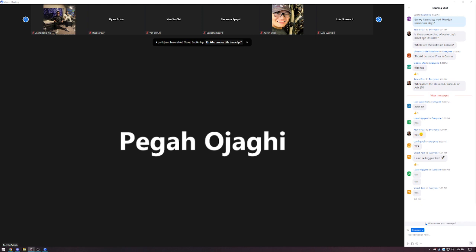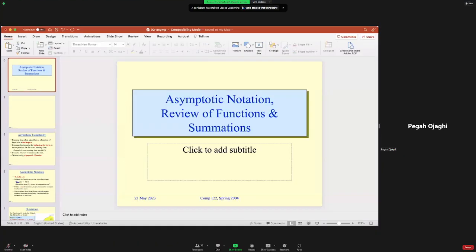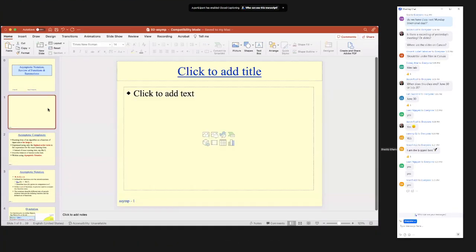Maybe I can annotate here. Let me share my screen and just write it here, and then we can talk about it. Can you see my screen? Yes. Let me annotate here.